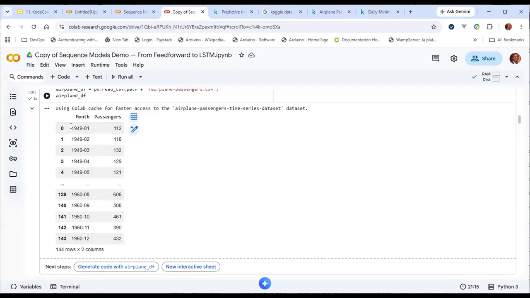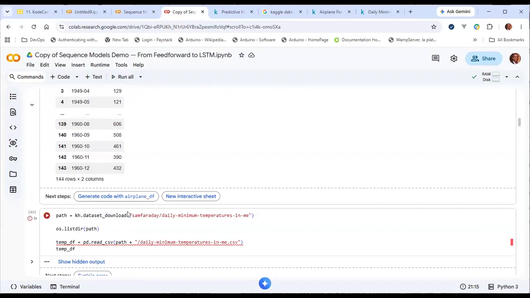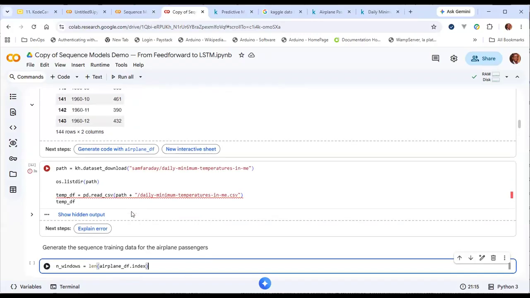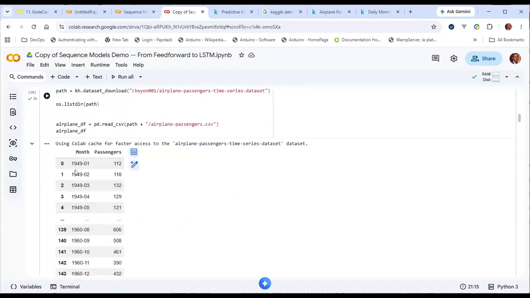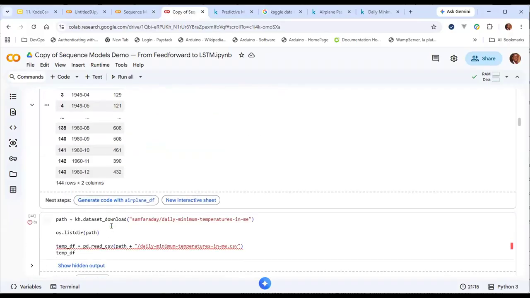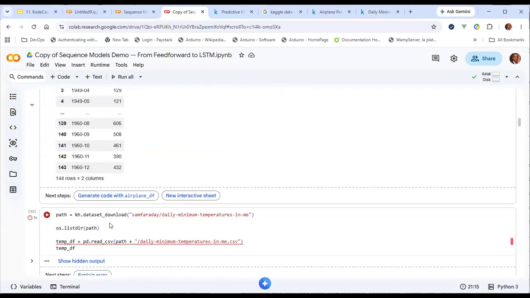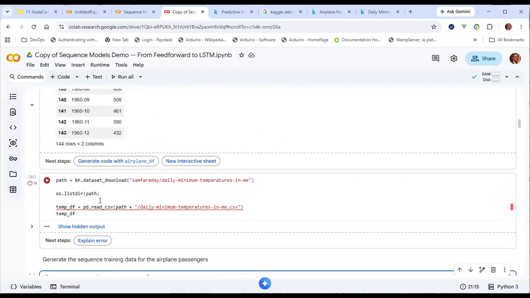So this length is 144, as you can see. But we're only going to take the second column because we don't know anything about the month. We're just trying to predict the sequence, so the month is not going to be part of the data. It's just going to be one-dimensional data.